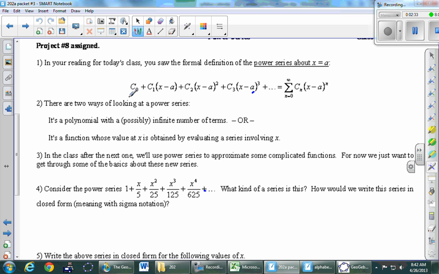So the a apparently is 0 in this example. How much is the first constant by itself? That's the 1. How much is the second constant? It's 1/5. And the third one is 1 over 25.